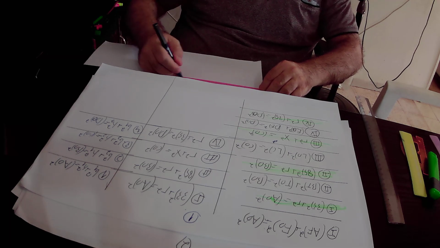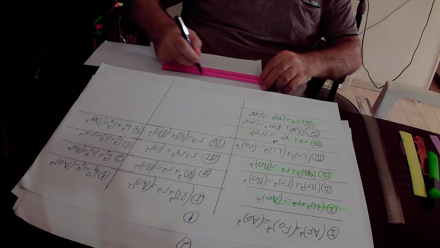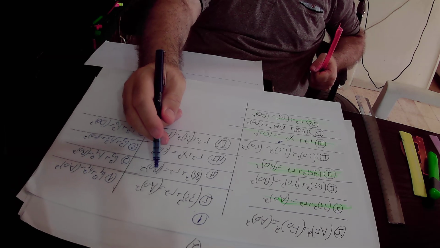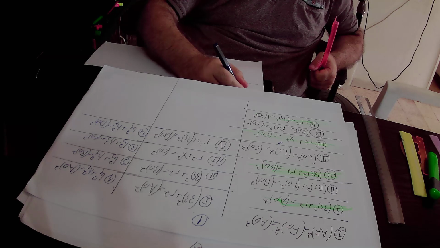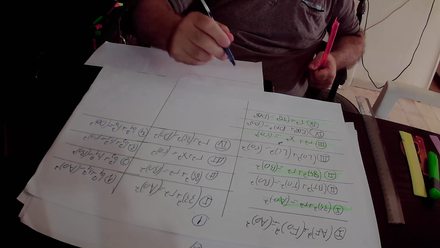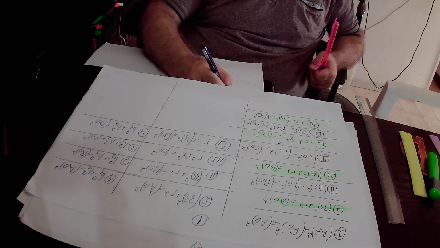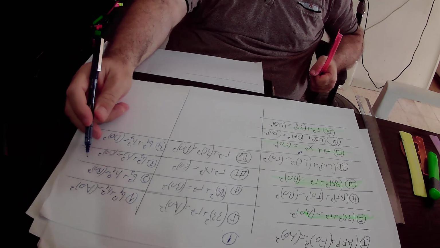According to equation number 1, AO square in this equation must be equal to AO square in this equation. That is to say, AO square in this equation is 33 square plus R square, and it must be equal to AO square in this equation.